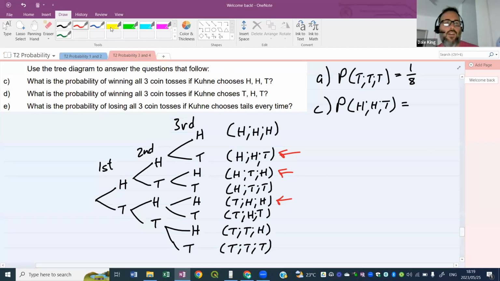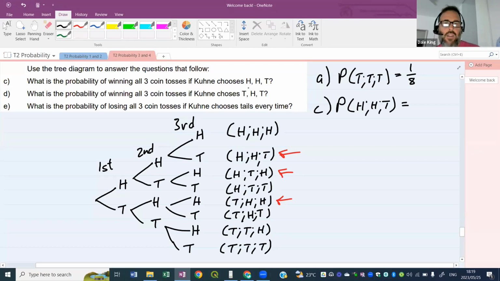Now, when they ask these questions, they have to be specific because sometimes it gets confusing. Are they asking for heads, then tails in that order? Or are they asking for 2 heads and a tails in any order? The question has to be specific. They're not very clear in this question. You're right, Bianca.